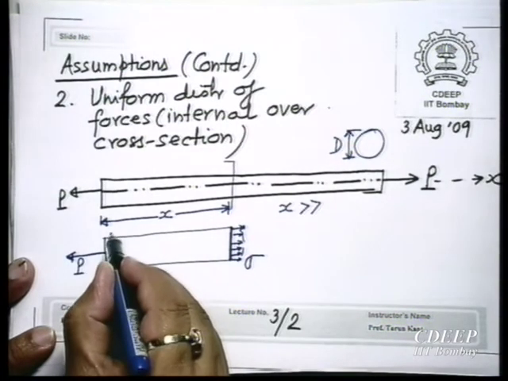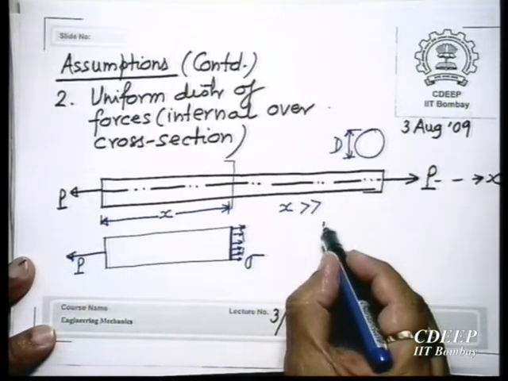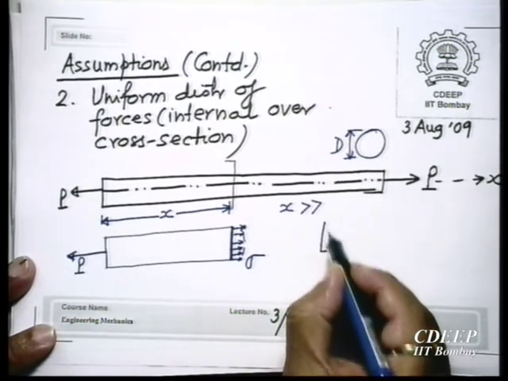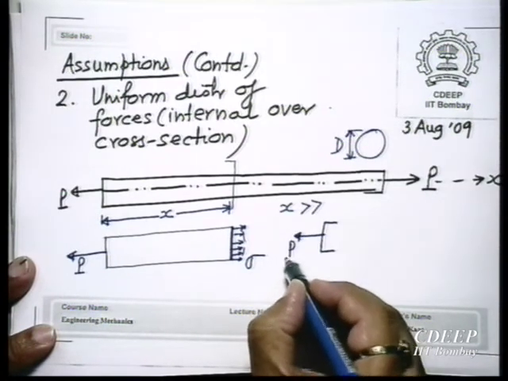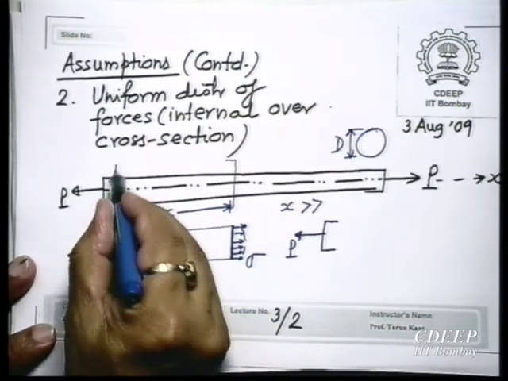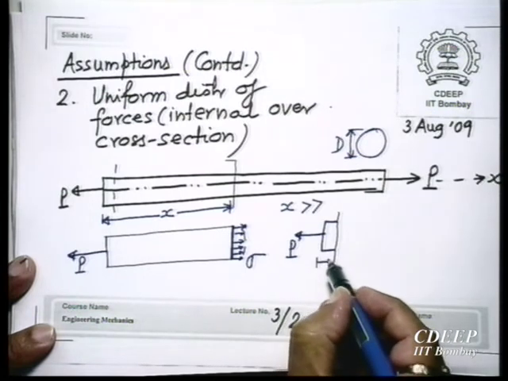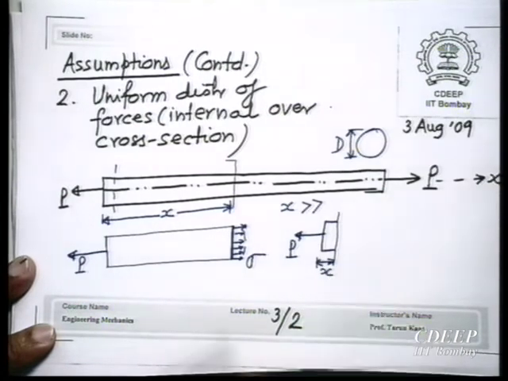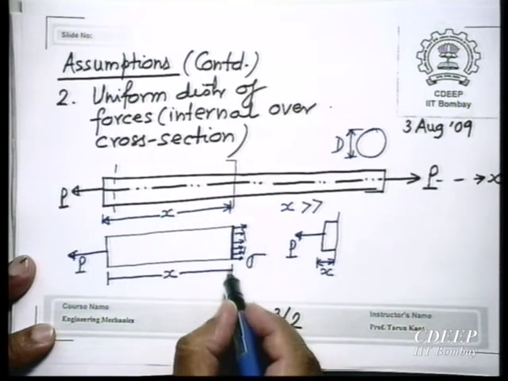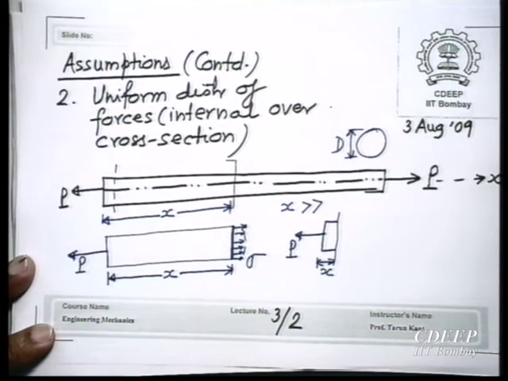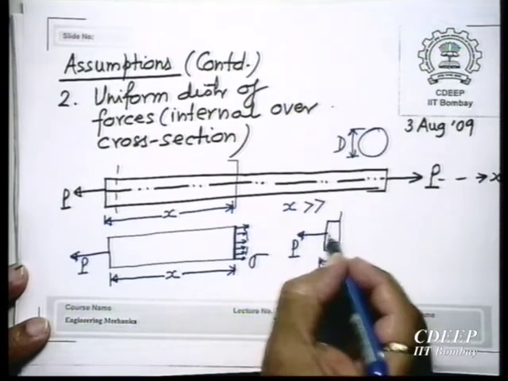But let us say I am taking a cross section here, very close to this load application point P, so my x is very small. Now, you see, here we have applied a concentrated force.